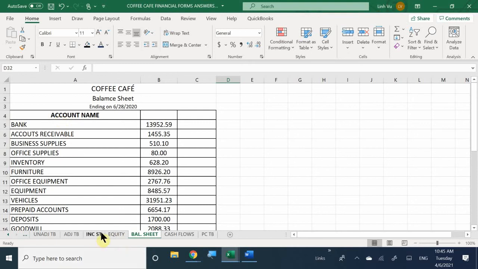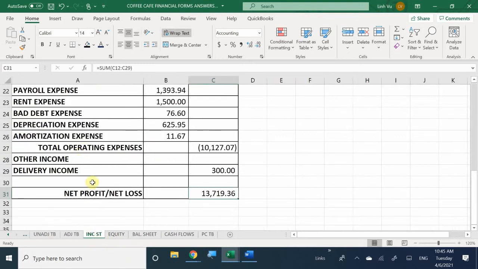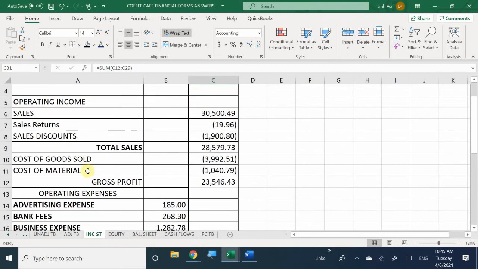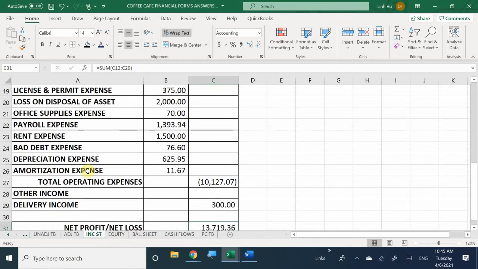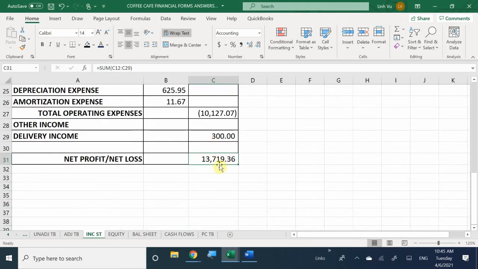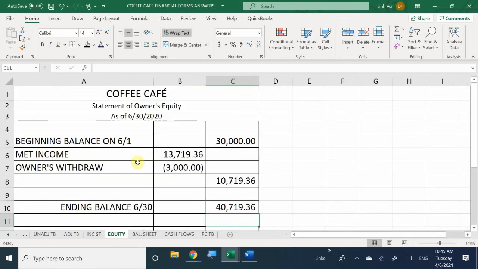We've completed the first three. So we got the income statement, tallying up our totals, revenues and expenses, which gave us the net income or net profit, which we utilized in our statement of equity to determine what our new equity is going to be. We reinvested it back into the company.